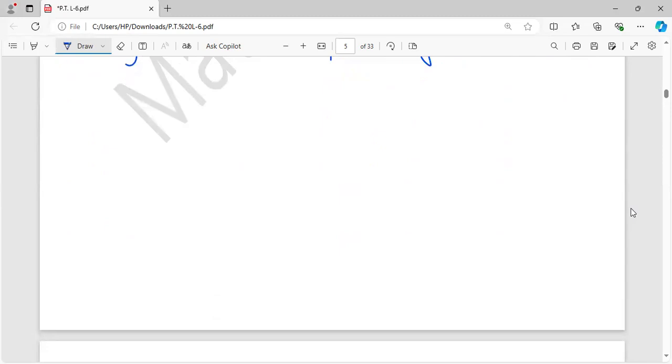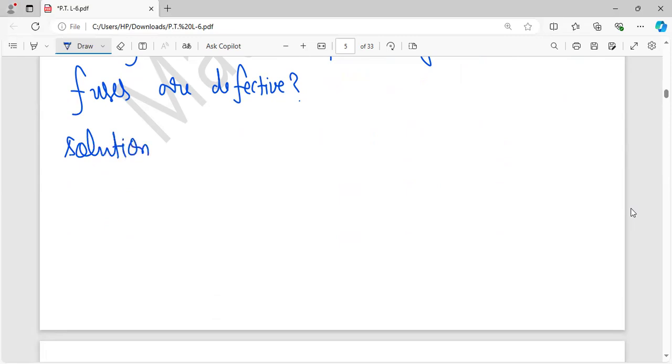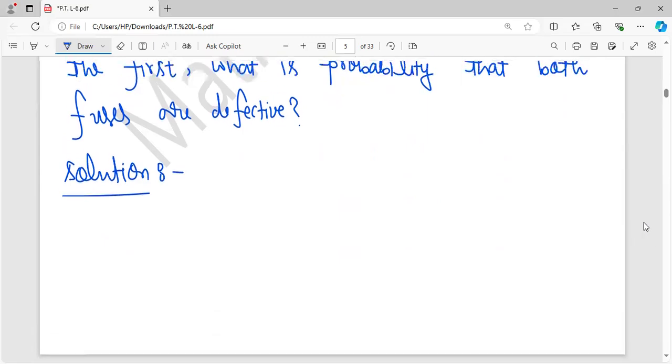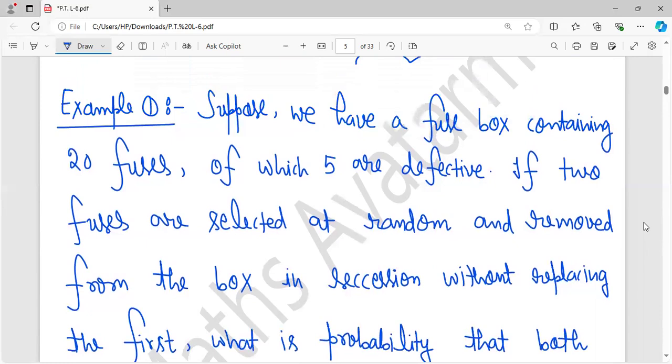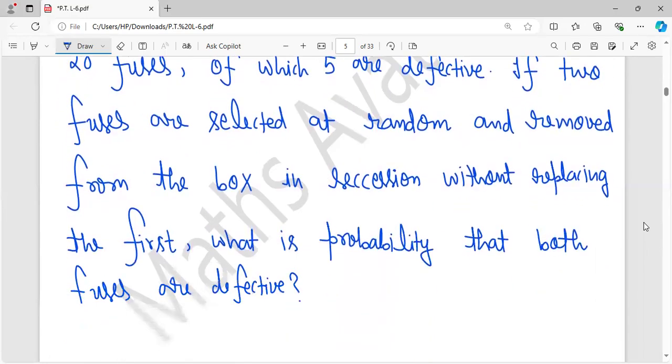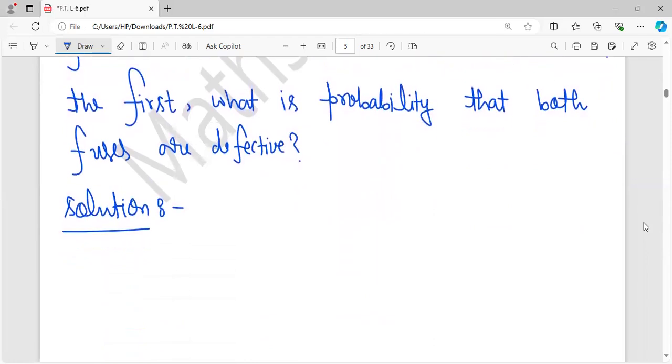Solution. So we have a fuse box. The fuse box has 20 fuses, out of which 5 are defective. So what is n(S), the number of fuses in the sample space? The sample space has 20 elements.